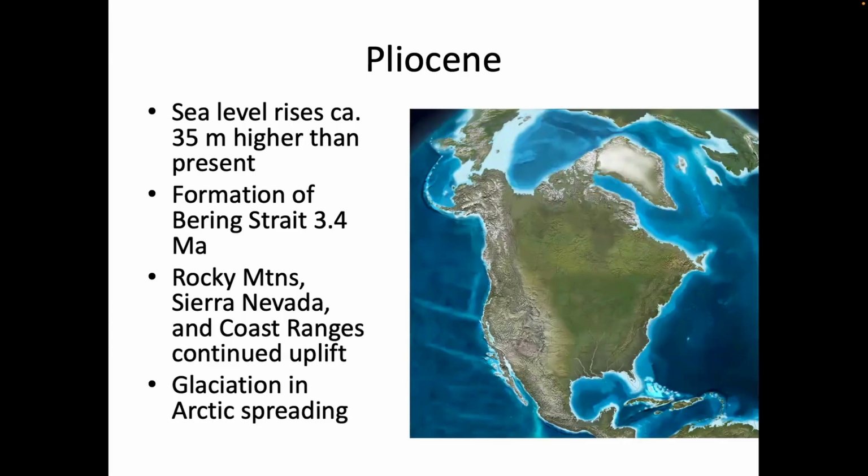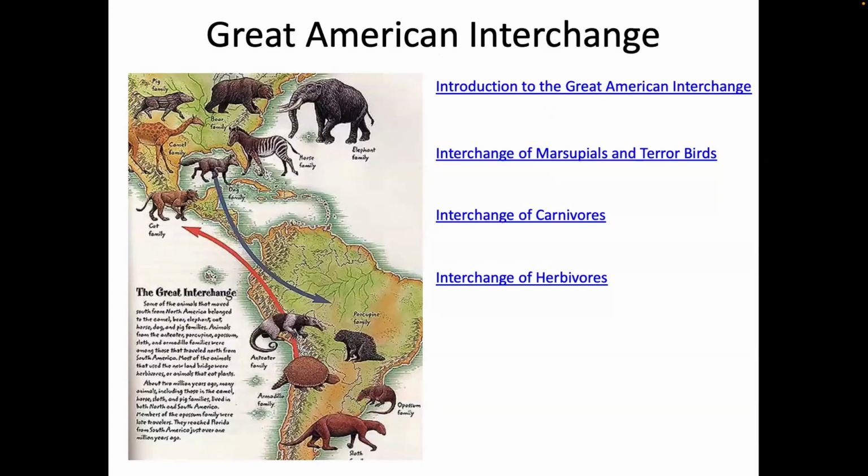The formation of the Bering Strait happened about 3.4 million years ago. The Rocky Mountains, the Sierra Nevada, and the Coast Ranges all are continuing to build up, drying out the western part of America. And we've got this spread of glacial ice in the Arctic. But that fusion of North and South America began what's called the Great American Interchange.